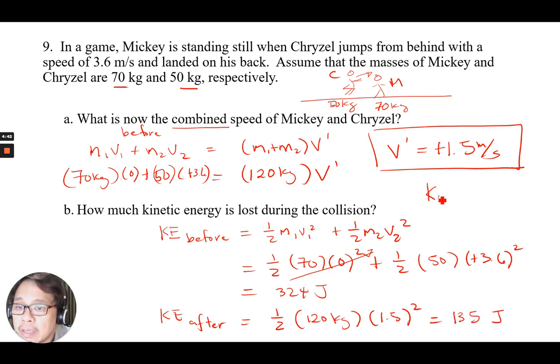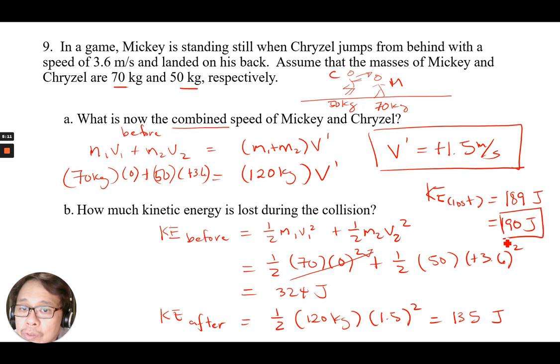So the KE lost would be 324 minus 135 joules. So the KE lost would be 189 joules. And then we round this off to 2 significant figures. This will give us 190 joules.